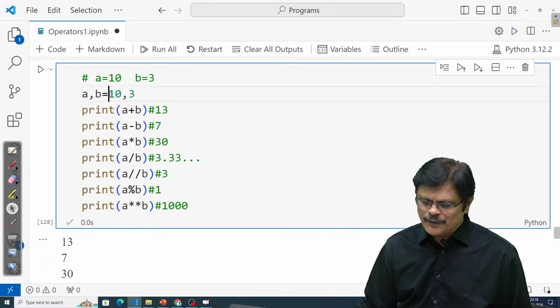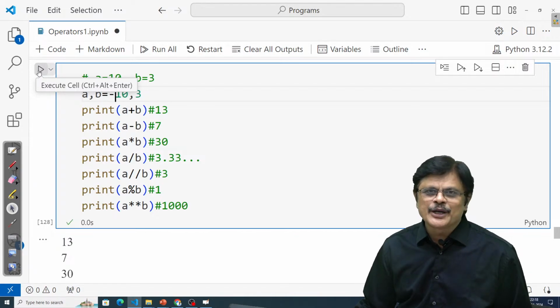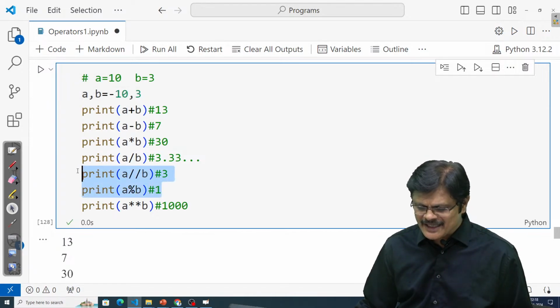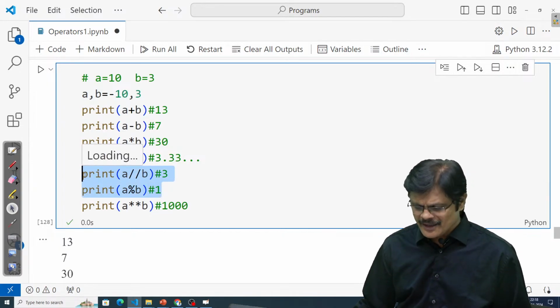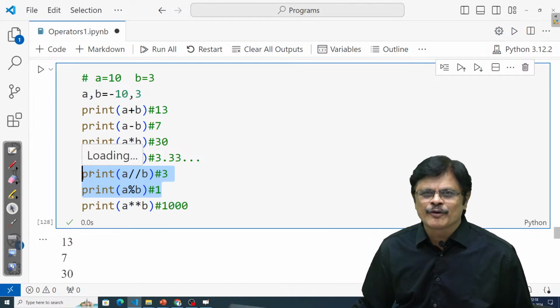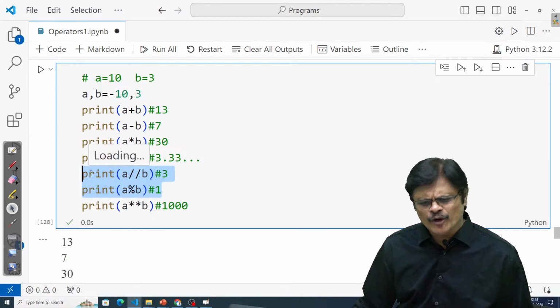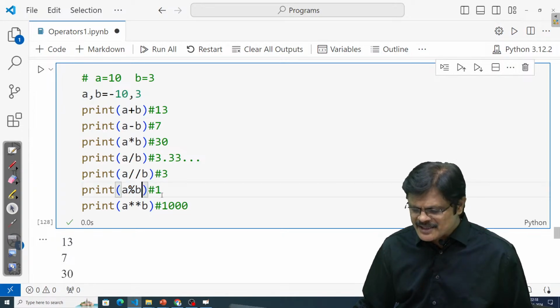Now I want you to try different values like minus 10, 3. What exactly do we need to work with? Mainly the floor division and modulus operators you need to fix. If you fix these two, the remaining things are straightforward, no difficulty at all. I got a little messed up with the modulus operator. Floor division is straightforward, no problem. Hopefully now this modulus operator is clear to you all.